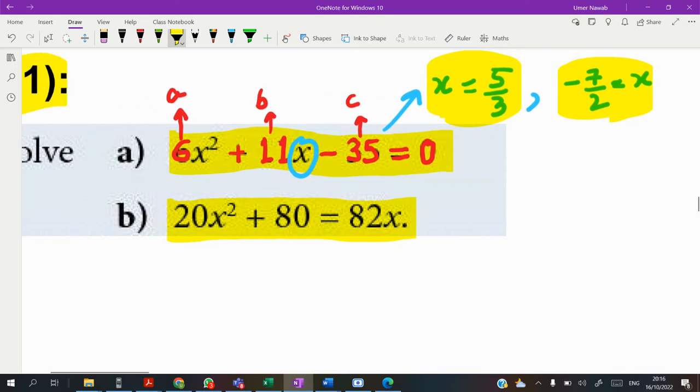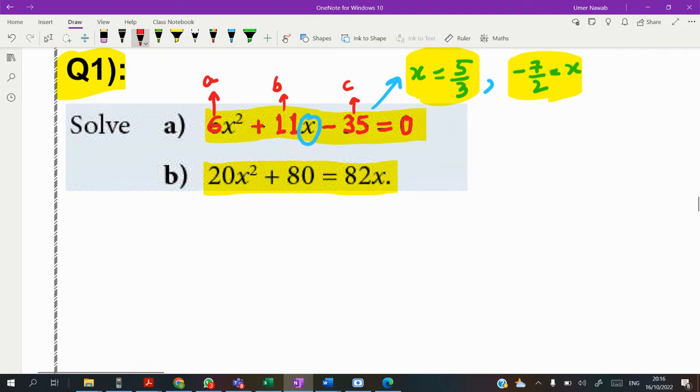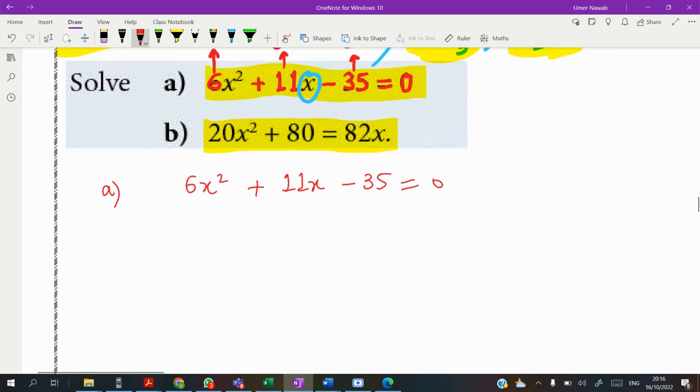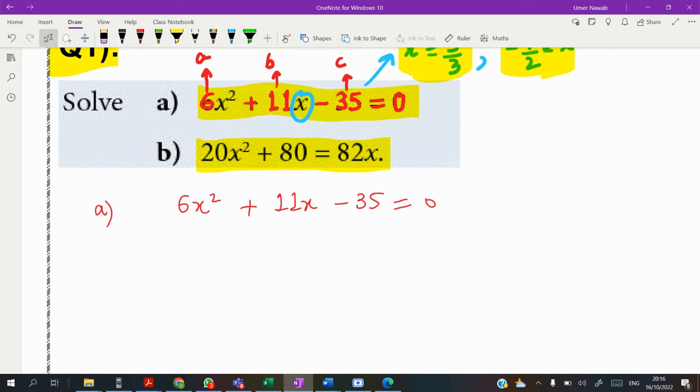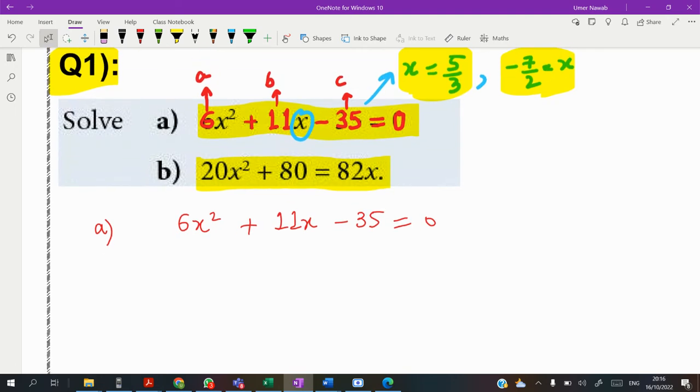Now, how do you solve it in the exam? You will write the equation first: 6x squared plus 11x minus 35 equals 0. Leave some space between your working and the original question.